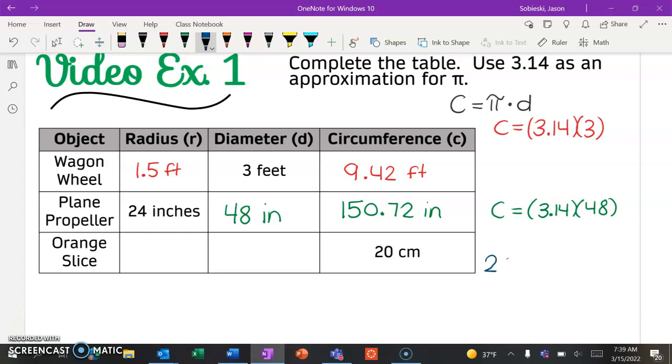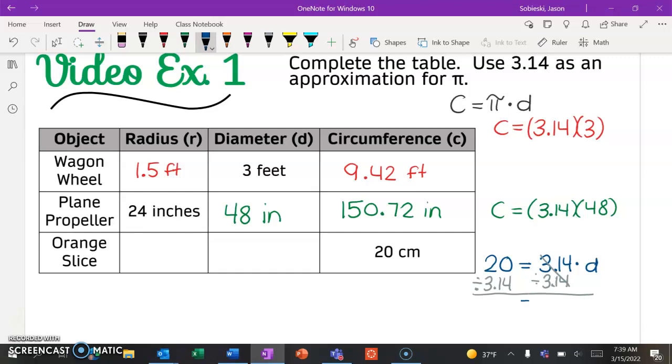So we're going to say 20, the C, is equal to 3.14 times, and then we don't know our diameter yet, so we're going to leave that as our variable. And we saw an example like this yesterday where we just have to divide by 3.14 like we're used to doing on both sides of our equation to find our diameter.